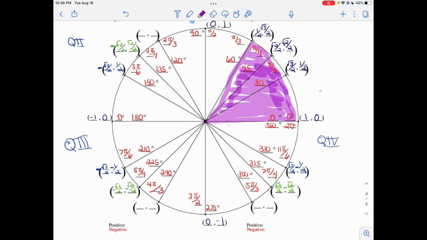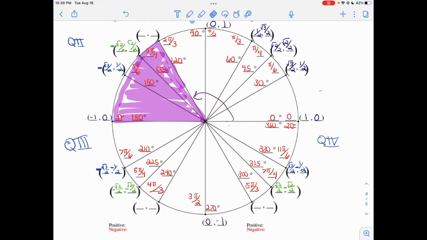So I need to find an angle in quadrant 2 that also has a reference angle of 60 degrees. So from the terminal side to the nearest x-axis is 60 degrees. And so that would have to be 120 degrees. Let me erase that. 120 degrees. And so this has the same ordered pair as 60 degrees. So that's 1/2, square root of 3 over 2. But remember, in quadrant 2, your x is negative, your y is positive.